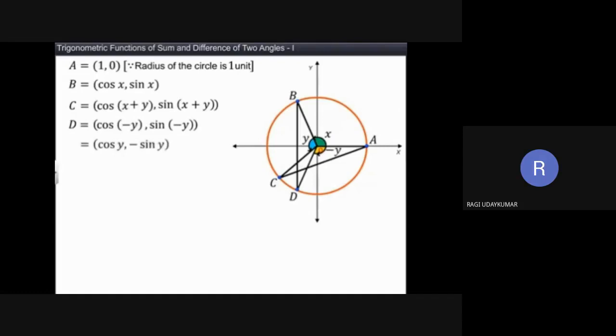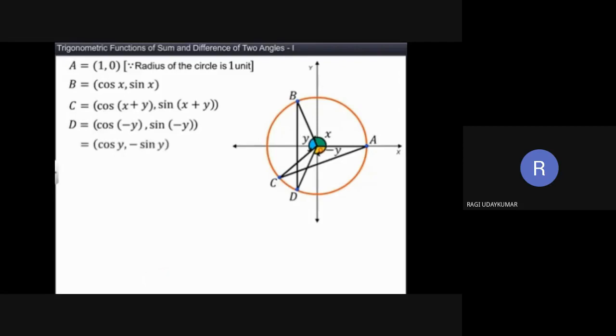The C coordinates are very simple. BOC is y degrees.